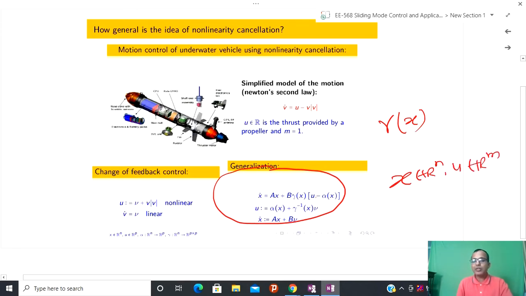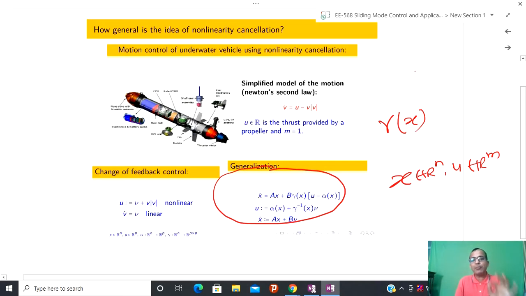Now the idea is, using this control, what class of uncertainty can be handled? Obviously, by designing control I cannot compensate all kinds of uncertainty, and I have already given you an example of matched and unmatched uncertainty. Similarly, if I have to cancel the nonlinearity, I cannot cancel all nonlinearity.